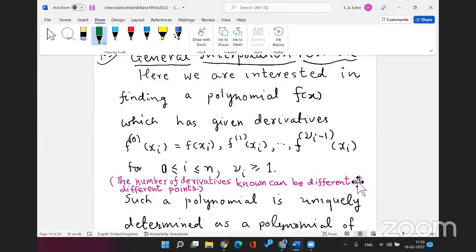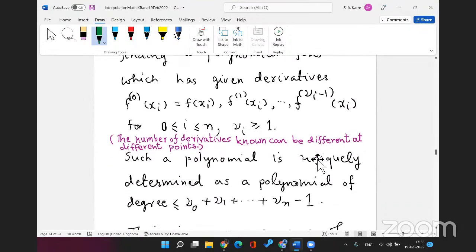Only thing is, you should not do it like this, that you give the value of the function, then omit the derivative and directly give the second derivative. You should not do something like that. You should continuously give these things. So f(xi), f dash (xi), f double dash (xi) up to f^(nu minus 1)(xi). So you give continuously the value and the derivatives up to some stage, whatever you like.